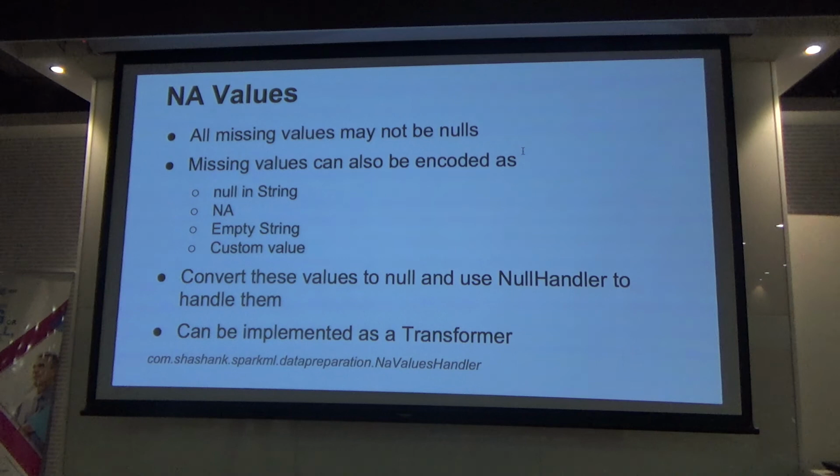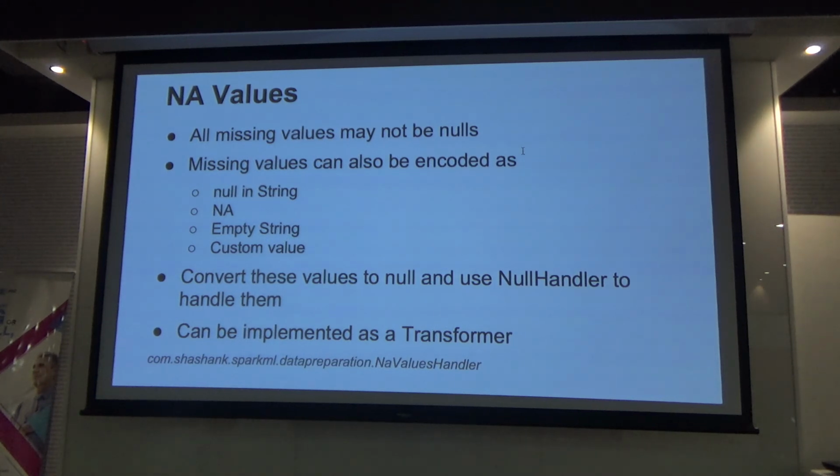So next we'll talk about NA values. NA values are what happens when the values are not null in the programmatic sense, but may be null for the user. The user may be encoding a null inside a string, or an empty string in place of null, or a custom value in place of null.